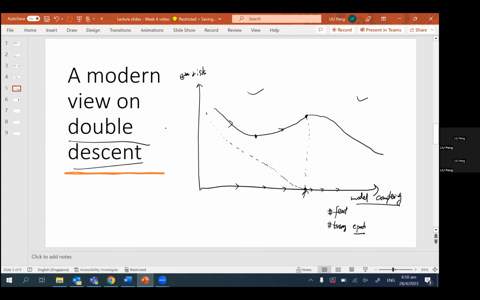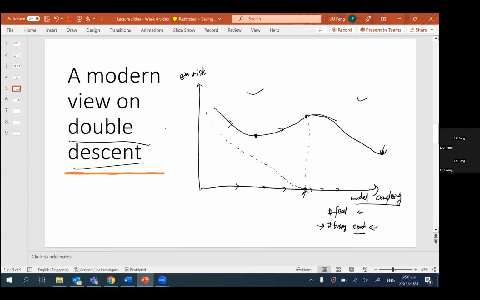In the context of deep learning, as long as I train the model long enough, meaning I pass the whole data set to the model many times, without necessarily increasing the number of features, I just continue to train. Something miraculous happens. As long as the model is trained long enough, at this point it's even lower risk on the test set than the previous points. That's something very interesting.